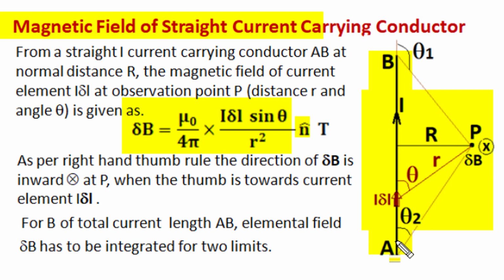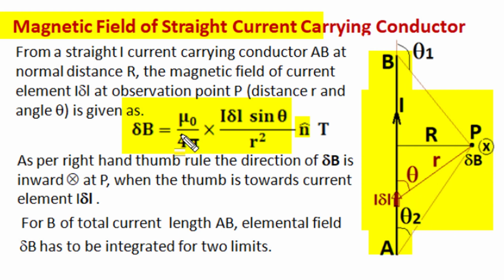Now other current element lengths on the AB straight conductor also contribute magnetic field here with different magnitude, but all magnetic contributions at observation position P by this entire AB length are in the same direction, that is perpendicular to this screen plane and inward, shown by the cross here.